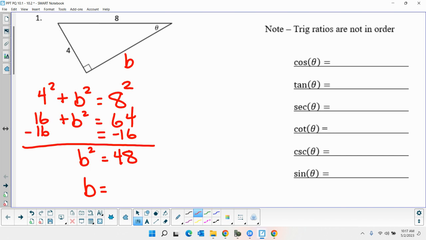So if you do a factor tree for your 48, you get 16 times 3 is what the one I like to use, because 16 is what type of number? Perfect square, right. So what's the square root of 16? 4. So the 4 comes out front, and the 3 will stay under the radical sign. Put it in radical form.